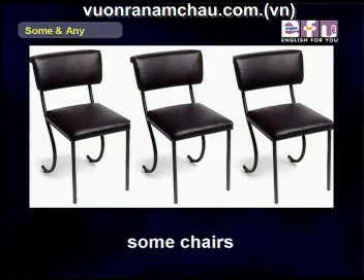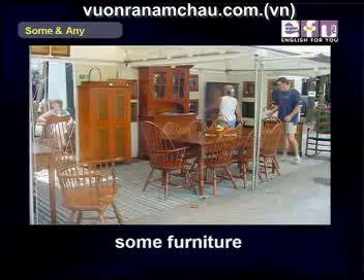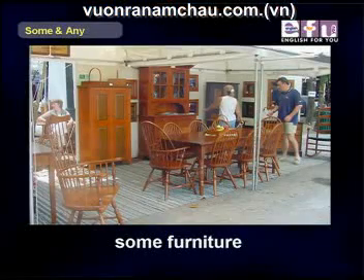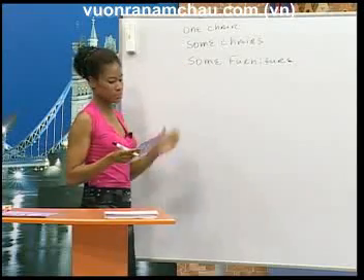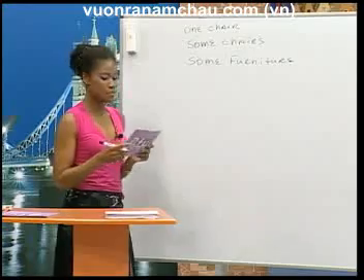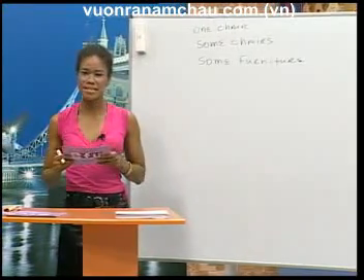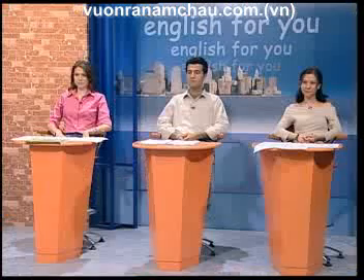Or plural count nouns, we have some chairs. Or for non-count nouns, we have some furniture. So, with non-count nouns, it means there is a quantity of something. There is an amount of something.